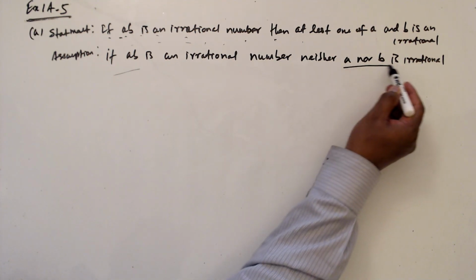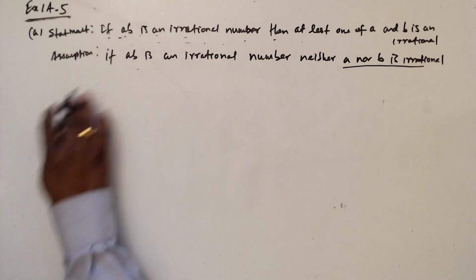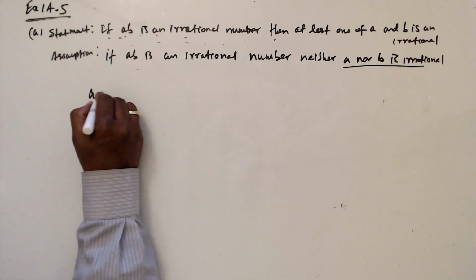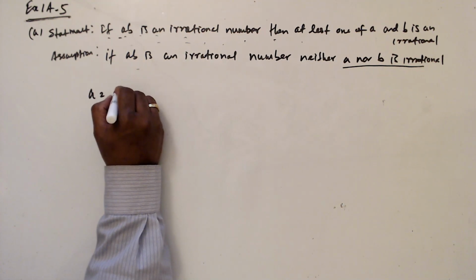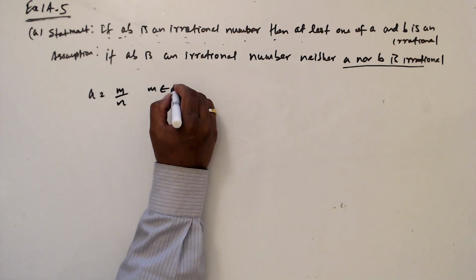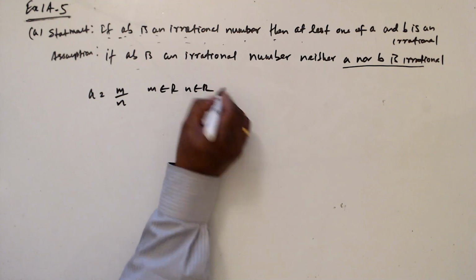It means A and B are rational. So we know that if a number is rational, then we can write it as a fraction. So M is an element of R and N is an element of R.